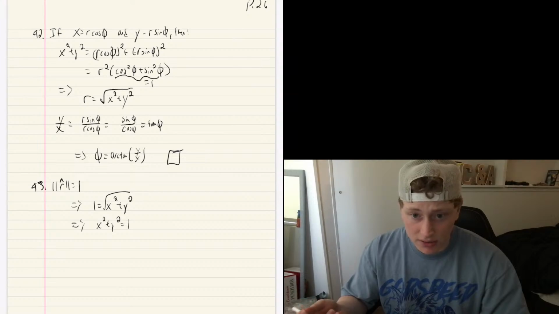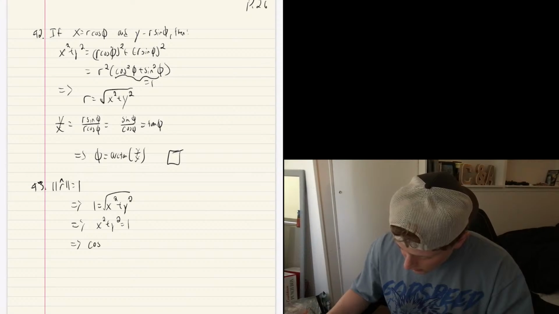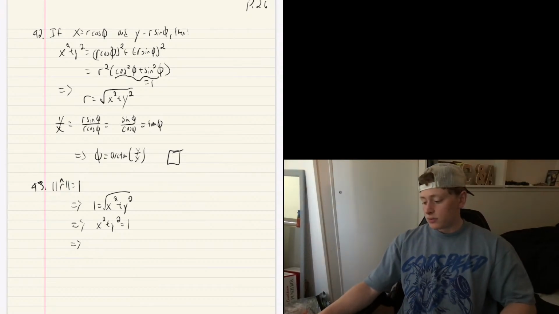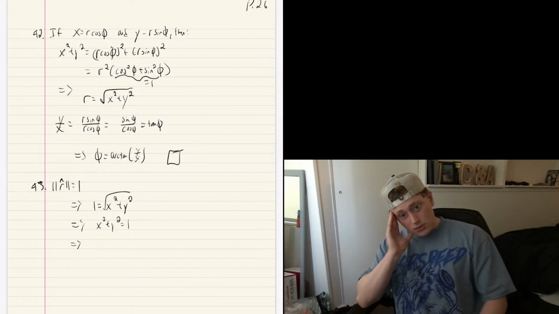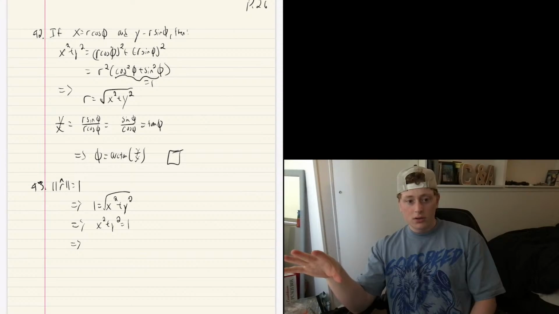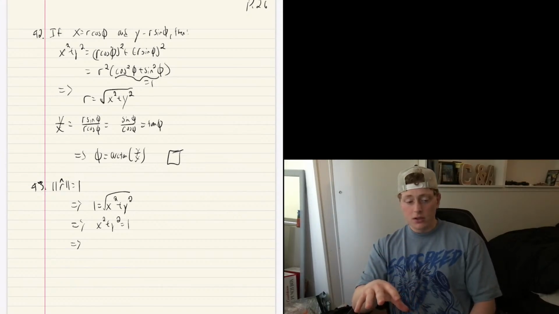But that's only true if x, or I guess, it doesn't matter, but it should be x's cosine and y's sine. I feel like I have to be on the right track here. Cosine phi.